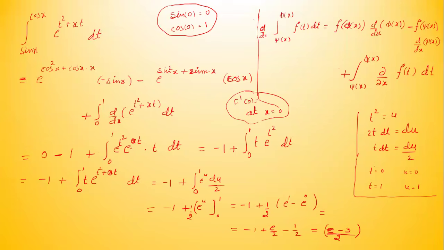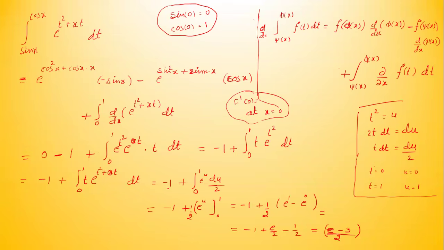integration 0 to 1 of t e raised to t square dt. Now put t square equal to u, 2t dt equal to du, so t dt is equal to du by 2.